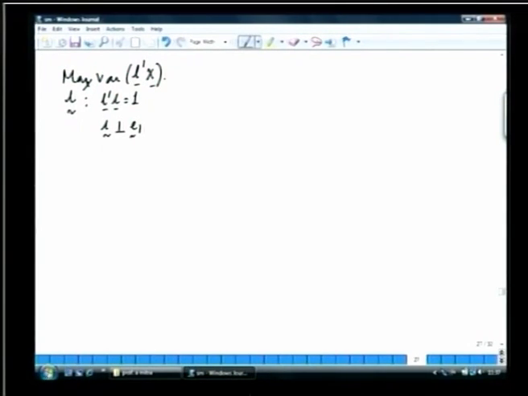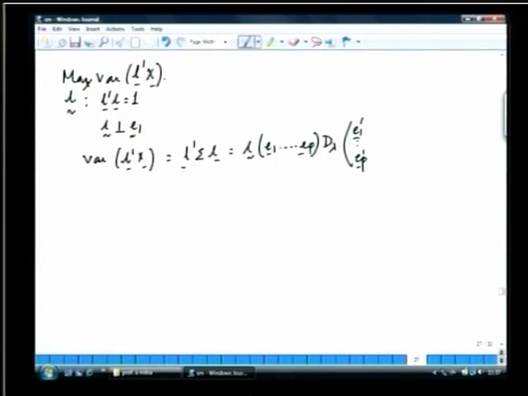We have variance of L prime x, this is nothing but L prime sigma L, and let us use the usual form of spectral decomposition. We have E1 to EP, this is how I am writing the matrix P, then I have d lambda, and then P transpose, E1 transpose to EP transpose, with L in the end.